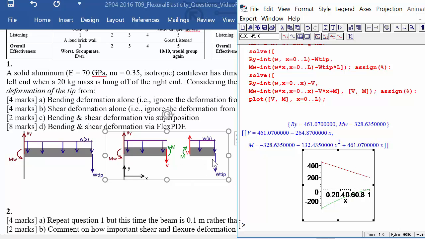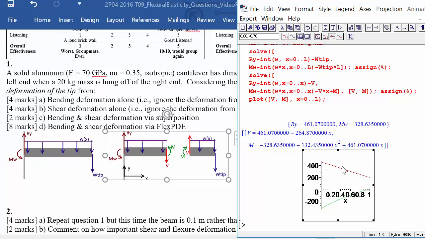Now, for the bending moment, it is starting at 0 because there's no applied pure moment at the end, and then the moment in this direction gets negative because we are already trying to spin this thing in the same direction that this moment would make it spin. So we have to apply the opposite moment as what's shown there to stop it from spinning about some point. And then that just gets to a larger and larger negative value until we go over to the left and it equals the moment applied at the wall.